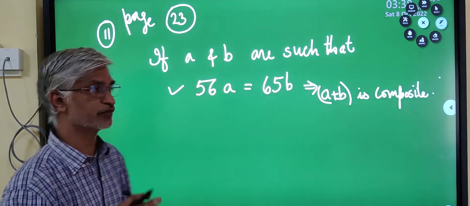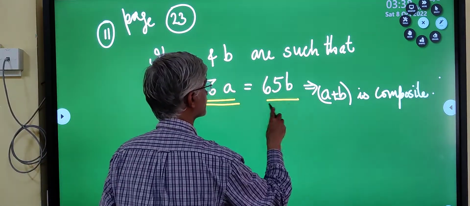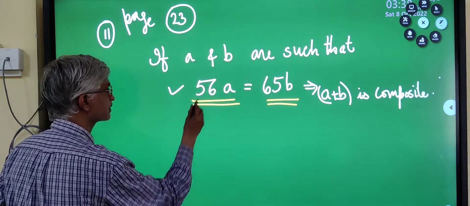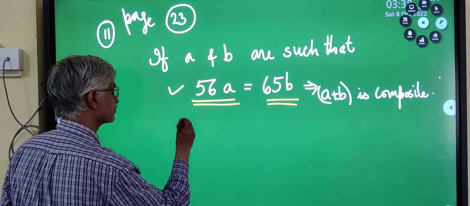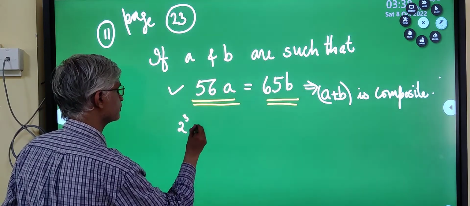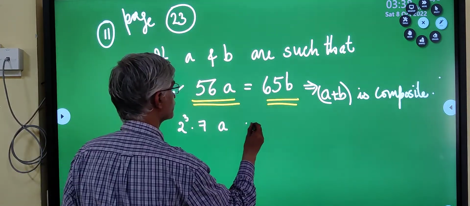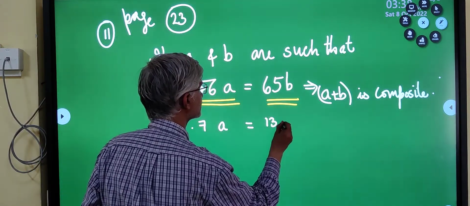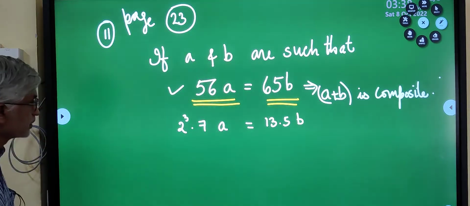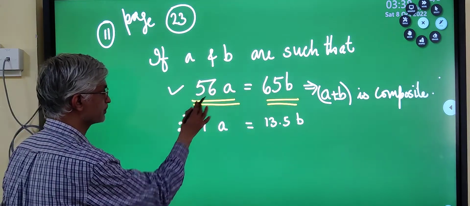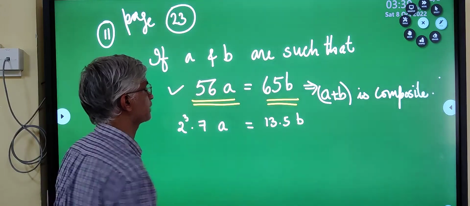So let us go very simple. Let us break this up into prime factors. Now you can see here that this one is 8 into 7, so 2 cubed into 7 times A is equal to 13 into 5 times B. So we have broken up the number 56 into primes, and we have broken up the number 65 into primes.